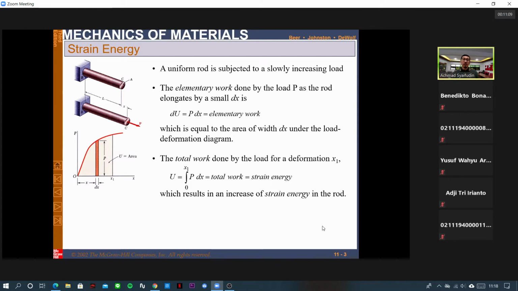So it is only for the elastic area. For the elastic and plastic area, the strain energy will have a slightly different formulation. Okay, so the total work is equal to this formulation. We have to do the integration.